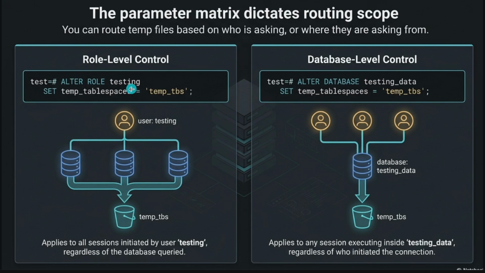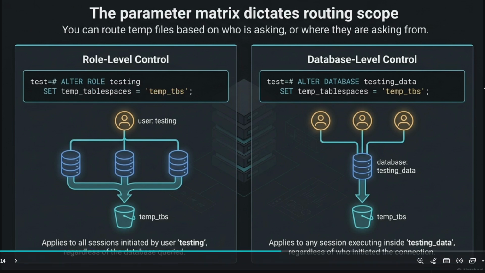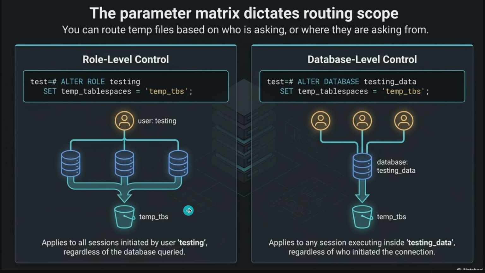If you are going to set it at the role level, you have to execute it like this. If you are going to set it at the database level, you have to use it like this. So what is the difference? If you set the temp table space for a role, as a user or role, then whichever database that role connects to, it uses this table space only.